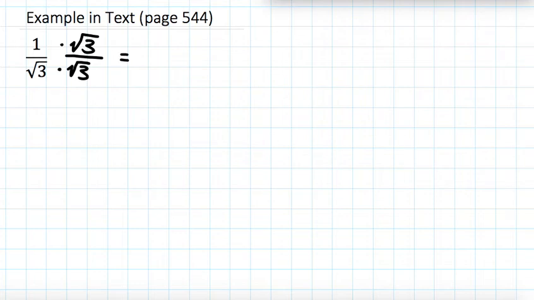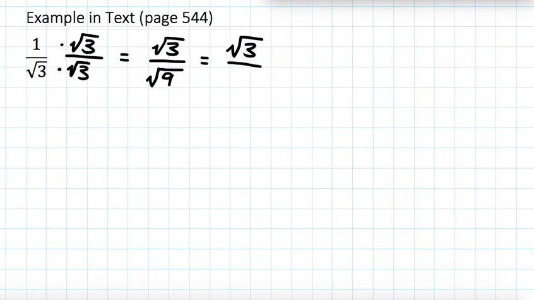1 times the square root of 3 is the square root of 3. And square root of 3 times square root of 3, I'm going to use the product rule that we saw in the last section, section 7.3. 3 times 3 is 9, so this is the square root of 9. Now, the square root of 9, I can simplify that.